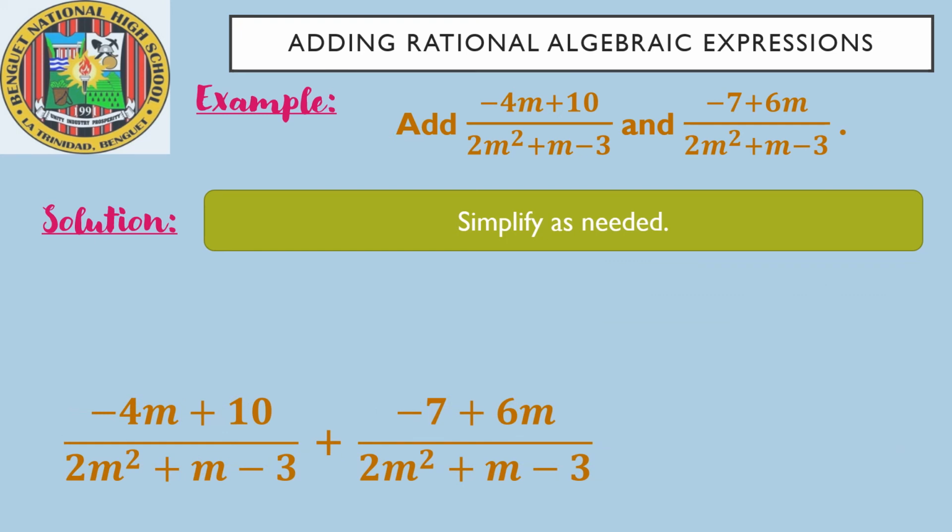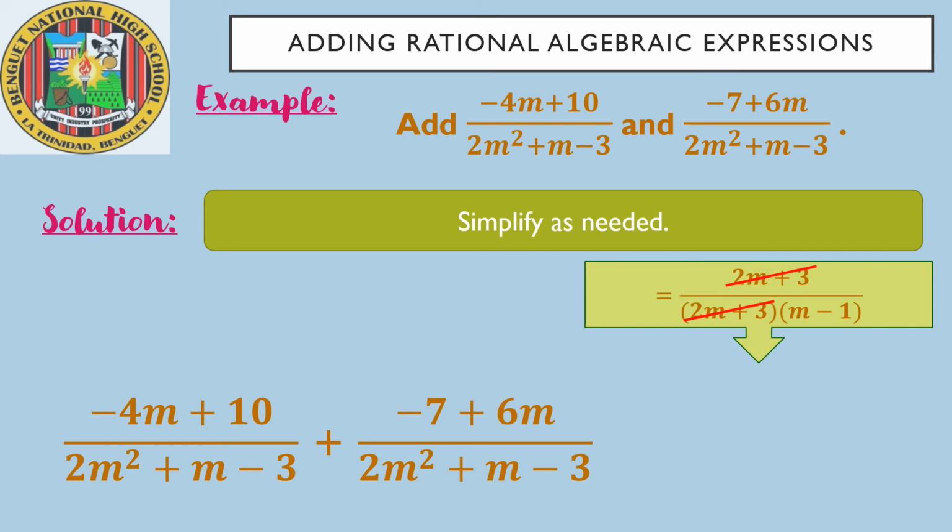After canceling out the common factors, we check what is left in our expression. In the numerator, we canceled out 2m plus 3, which leaves the constant factor 1 in the numerator, while m minus 1 remains in the denominator. Therefore, our final answer is 1 over m minus 1.